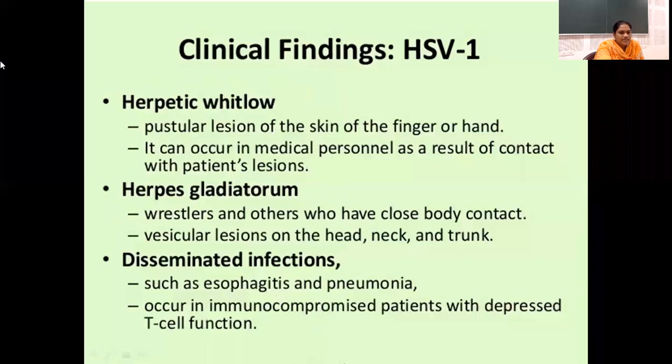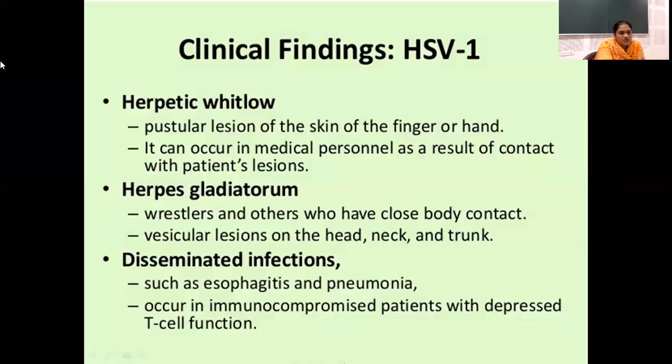Then other clinical findings of type 1 are herpetic whitlow. In this, pustular lesions of the skin of the hand or the fingers are seen. It can occur in a medical person as a result of contact with a patient's lesions. And these two are the other types of clinical findings seen in the type 1 virus.